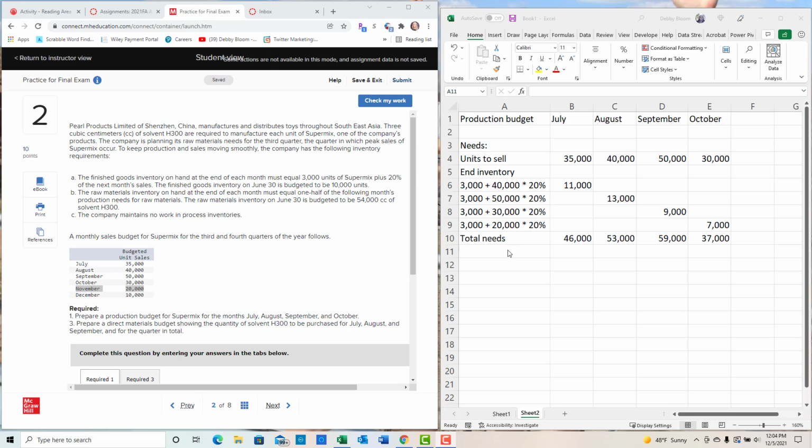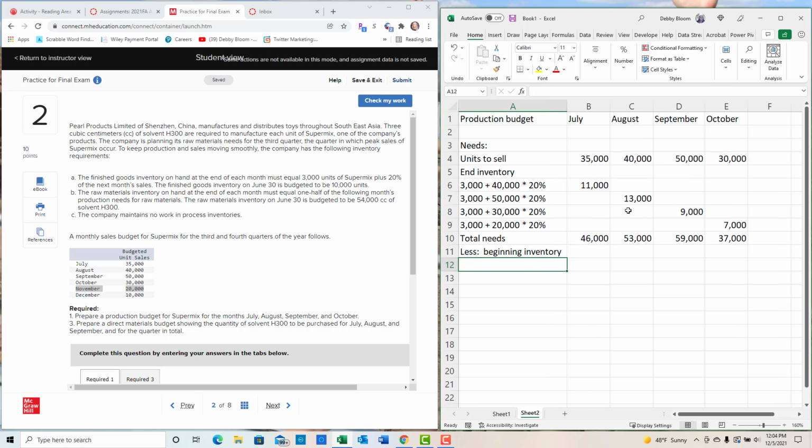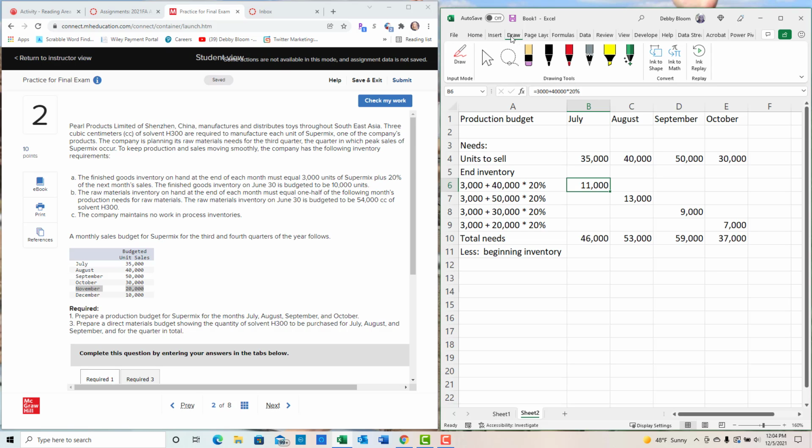Now, from our total needs, all we need to do is subtract out the beginning inventory, and since we've already calculated the ending inventory number, the beginning inventory number is very easy to calculate. So our ending inventory for July is going to be the same as our beginning inventory for August.